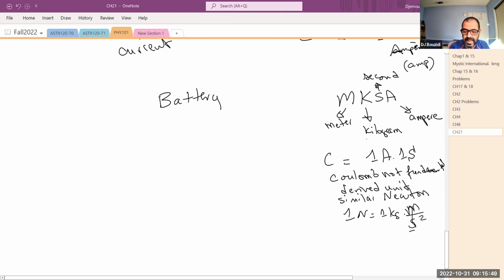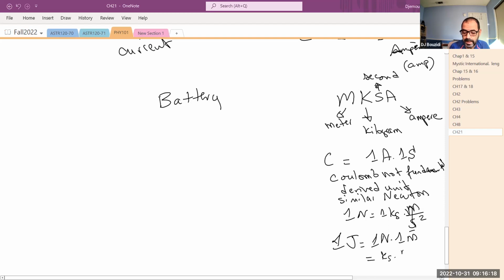The meter is here, the kilogram is here, the second is there, except they have a combination involving the second squared ratio and so on and so forth. That's all. So that is another unit that we have seen so far, the joule. 1 joule is 1 Newton times 1 meter. That's a force times distance. The force is in Newton, and Newton itself is not a fundamental unit, just a Newton, kilogram meter per second squared.